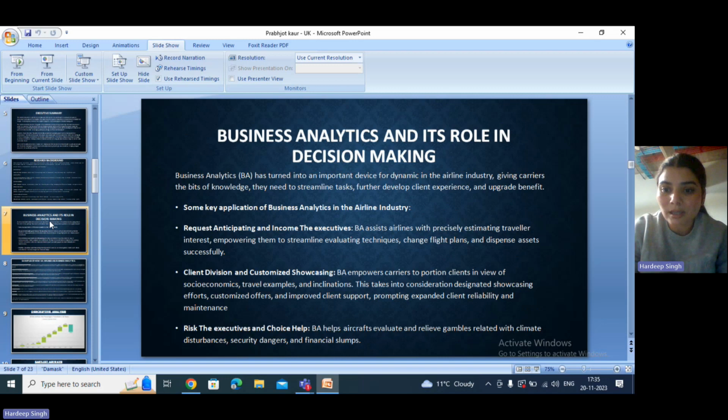Some are the basic key concepts which I'm going to describe in this. Some key applications of business analytics in the airline industry: demand forecasting and revenue management. Business analytics assists airlines with accurately estimating passenger demand, enabling them to optimize pricing strategy, customer segmentation, and personalized marketing.